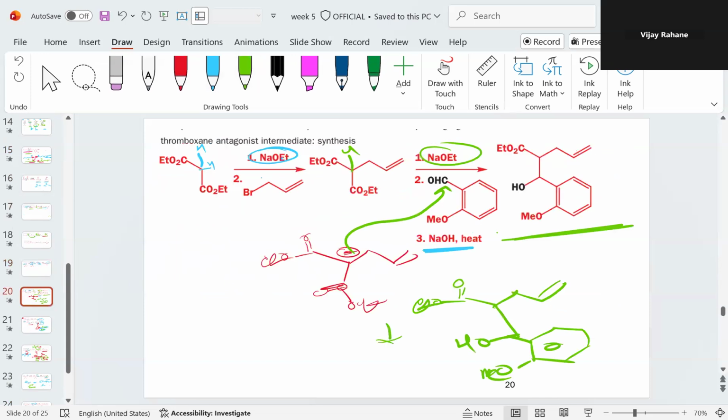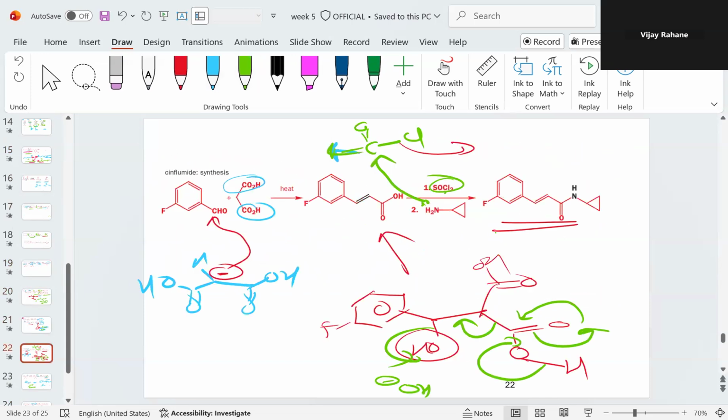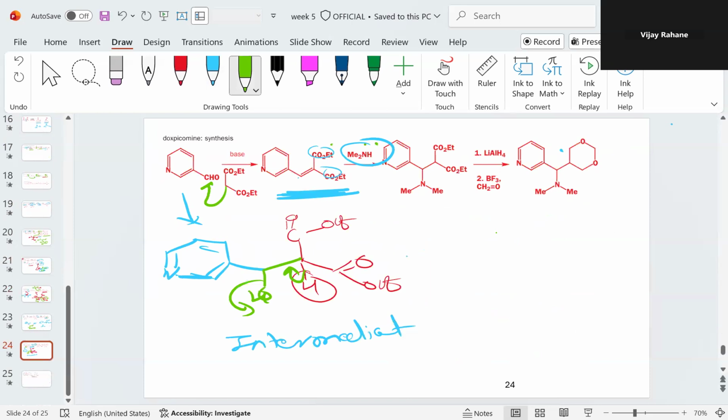Here, similarly, this amine attacks the beta position, and we get this diester with the amine substituent now. And when we perform the reduction reaction with lithium aluminum hydride, LiAlH4, these esters get converted into the diol, and this diol looks like this.